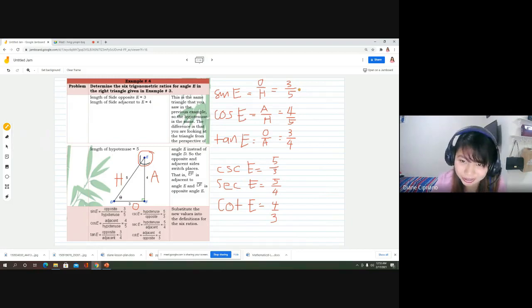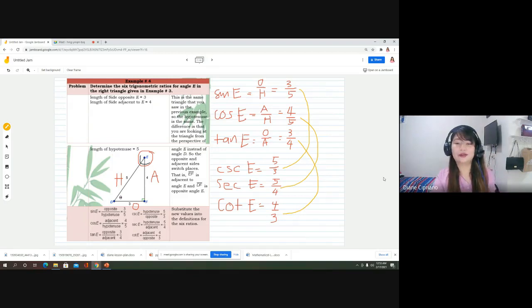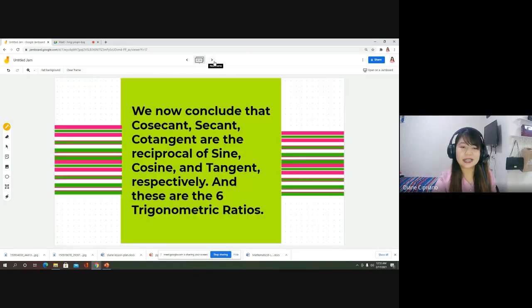Sine is the reciprocal of cosecant, cosine is the reciprocal of secant, and tangent is the reciprocal of cotangent. So as easy as that in illustrating and getting the 6 trigonometric ratios.